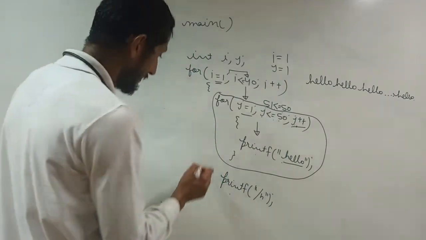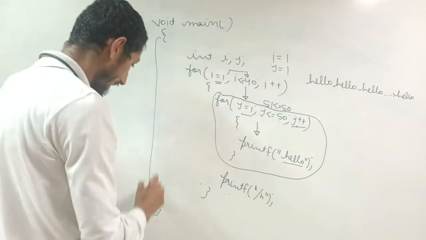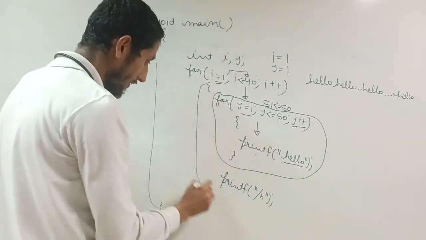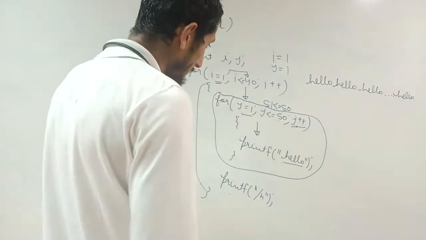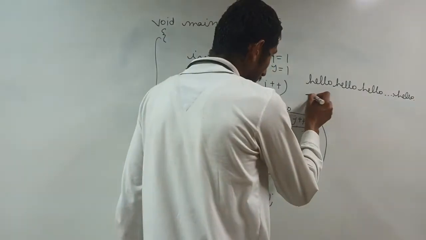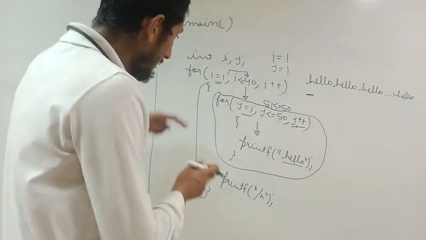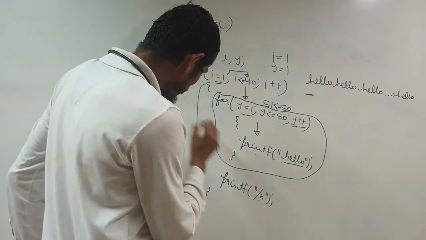So let me put this one. Yes, it is main. The compiler will execute slash n. What I am instructing the compiler is: please move to the next line. I have seen this block of code in the last program.